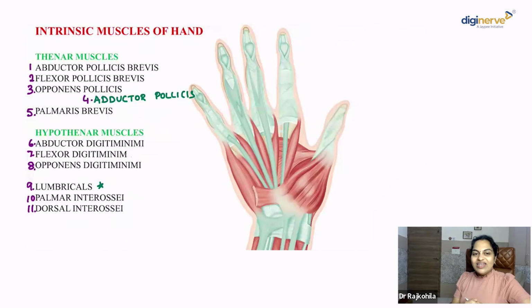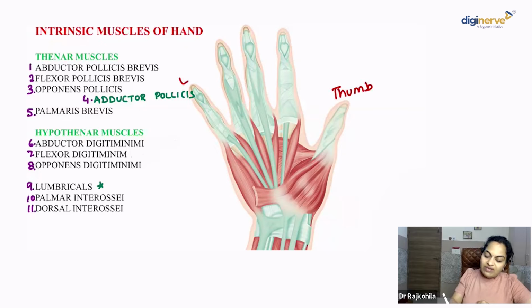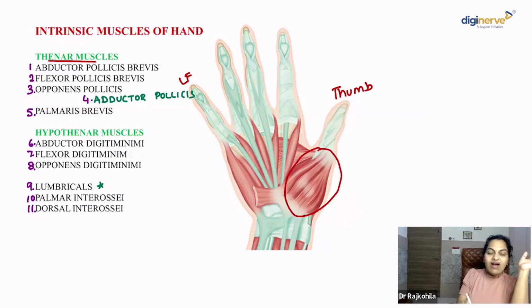Moving on to the intrinsic muscles of hand. Very, very, very important. Definitely some question or the other comes from this area. So coming to the muscles which are present in the hand. So this is your thumb. This is the little finger. The bulge that you see below the thumb, this is called as the thenar muscles, right?